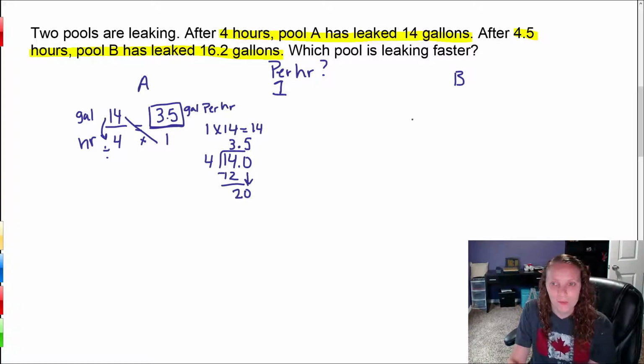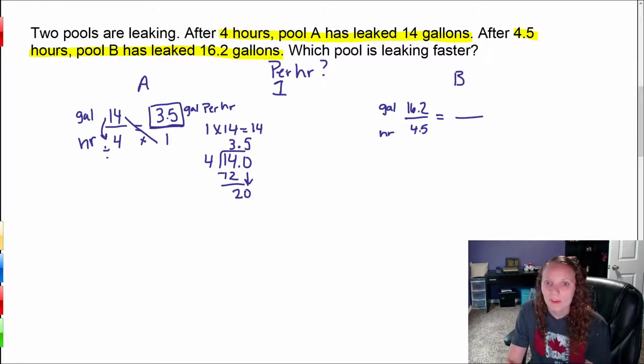Okay, let's figure out pool B. Again, the proportion is going to look very similar, gallons and hours. And then pool B leaks 16.2 gallons after 4.5 hours. And then again, we want to know per hour, so hour is 1.